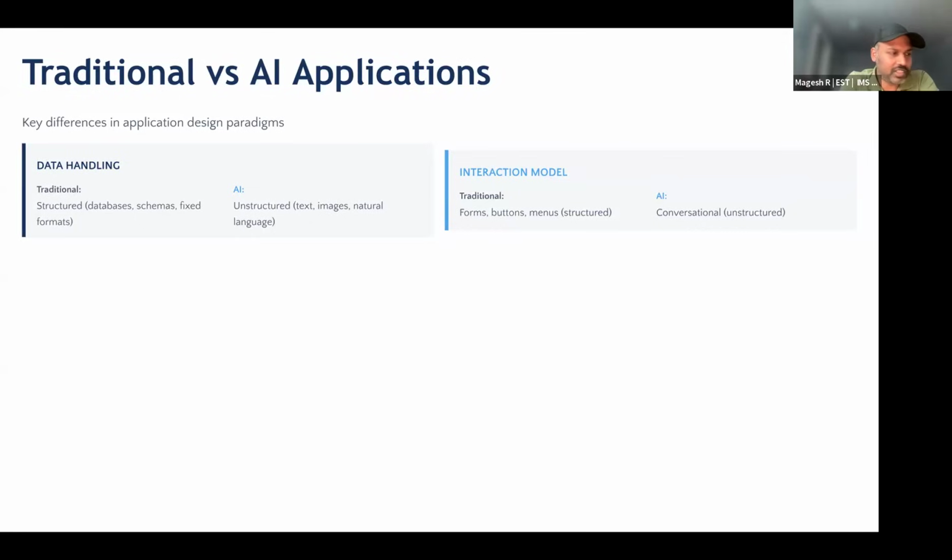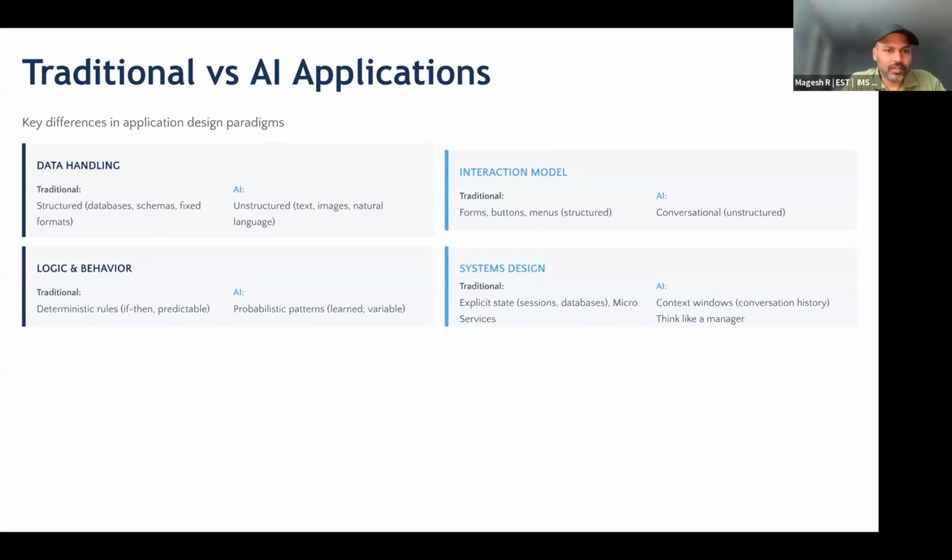APIs would be like JSON, XML, whatsoever, right? So that's the typical model. But when it comes to AI, it's all going to be unstructured text, images, natural language, and so forth. So the interaction model that you can build in our application also changes. Instead of typical forms, buttons, menus, it has to be largely based on conversational style.